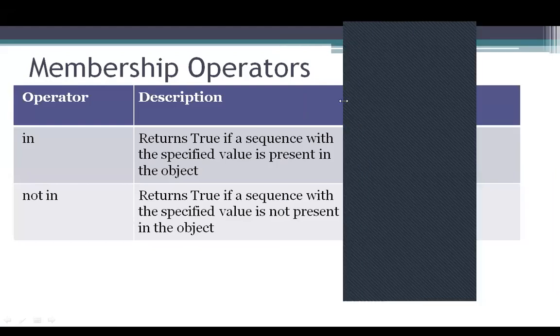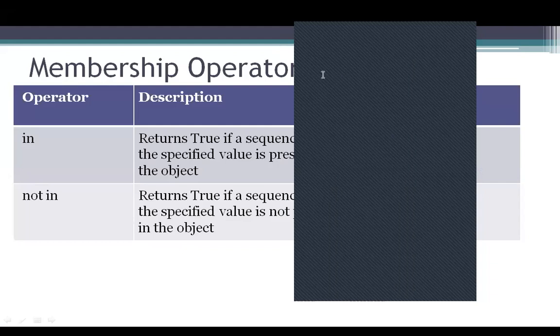I have to find whether the given element is present in X. If so, it returns true, else it returns false. So A in X, of course, true.